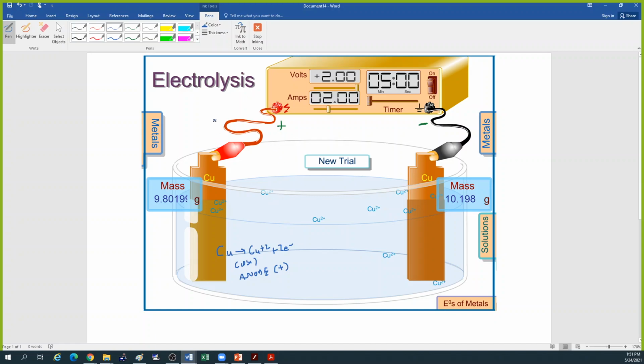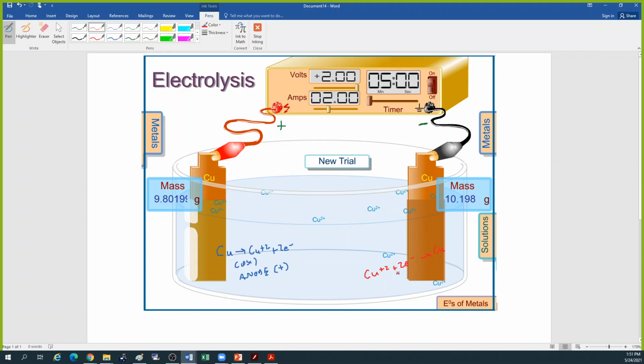The electrons then flow in this direction in the circuit to the other side, where we're taking the same electrons and taking the copper ions in the solution, adding the electrons to them to produce the neutral copper that's forming on here and plating it.